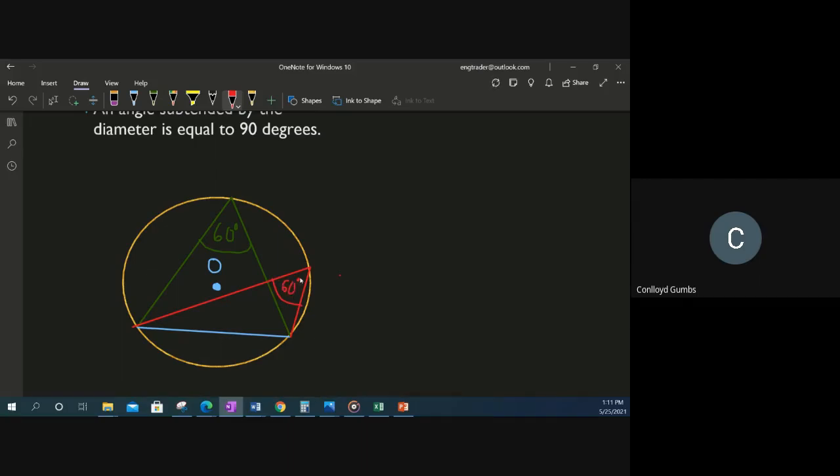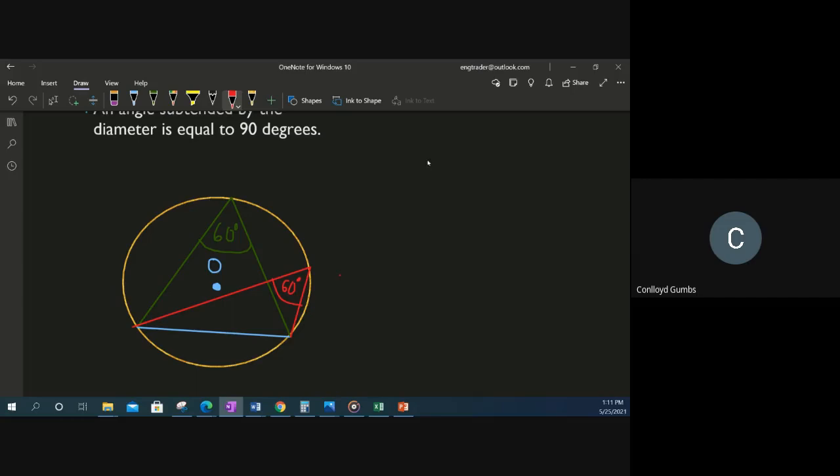How do I know that this is 60 degrees? Well, they sit on the same chord, and they're in the same sector. Not only are they sitting on the same chord, but they are in the same sector.